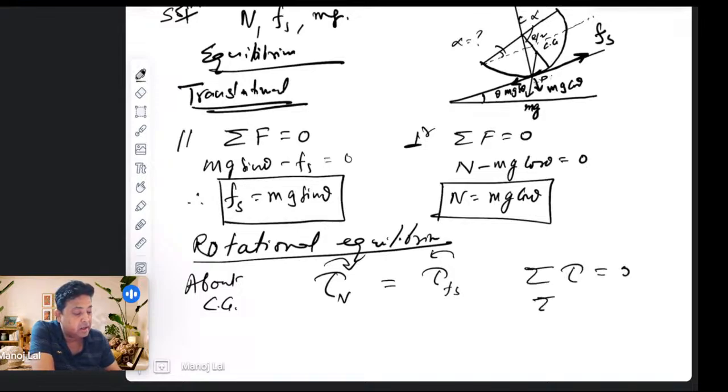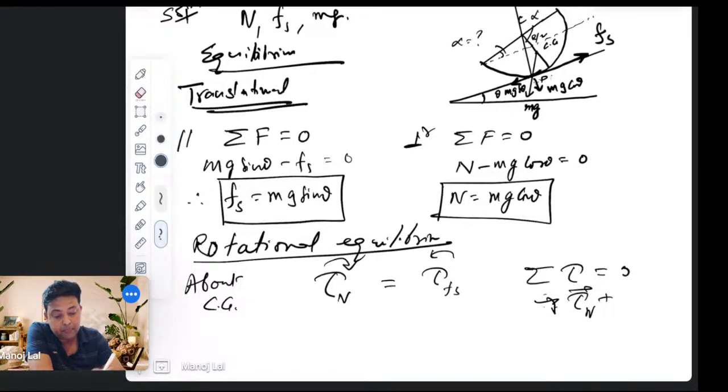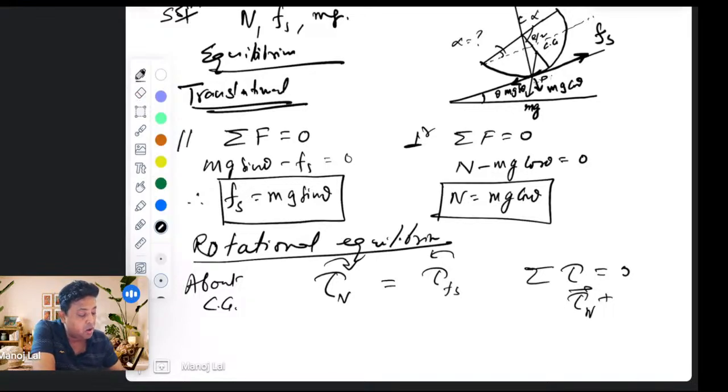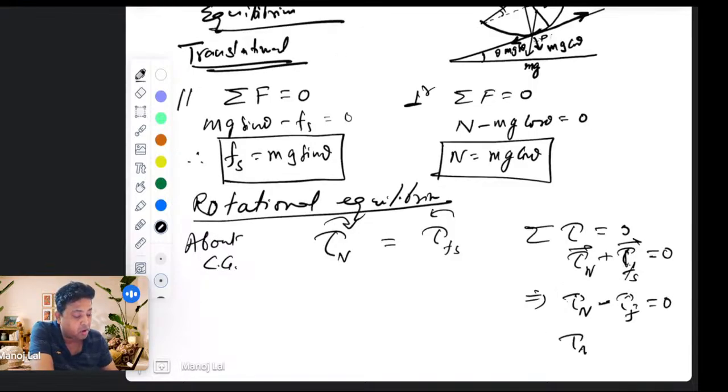So the torque of N plus the torque of friction should be equal to 0. If I take clockwise torque as plus, then torque of normal minus torque of friction is equal to 0, and this is what I have written: torque of normal is equal to torque of friction.